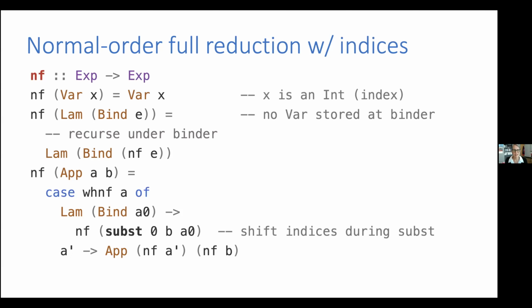In the application case, it also looks very similar. The only real difference here is that we have this implicit name, 0, for the variable at the binder, and so that's the variable that we're going to be substituting for. Otherwise, working with de Bruijn indices looks very similar to working with names once you have an implementation of capture-avoiding substitution to build off of in this particular example.